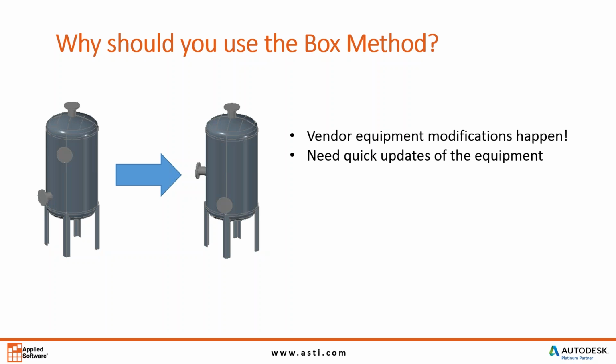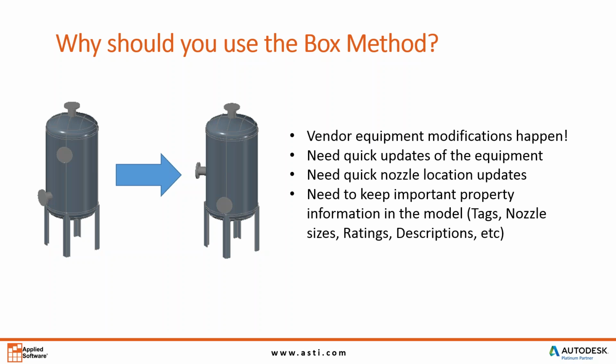So now what you normally do is probably go in and delete that piece of equipment out of your equipment drawing and place in the new one. You have to set up your nozzles again, you have to re-enter your tag information, and various properties need to be updated.